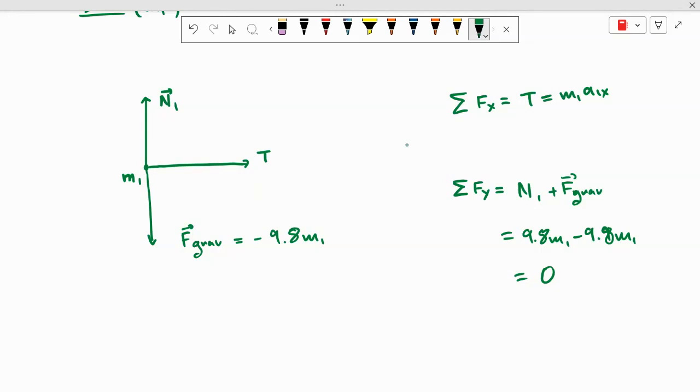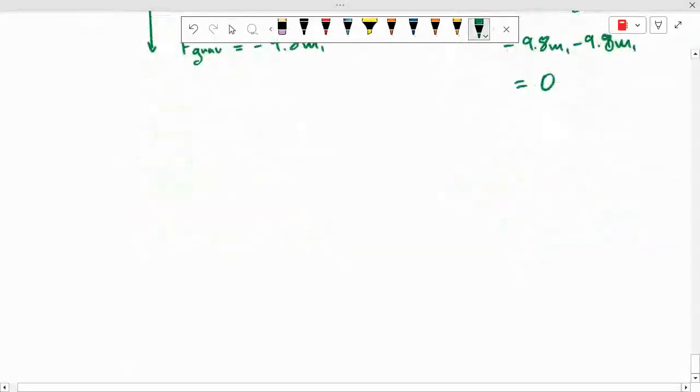So that's the free body diagram for the first person. Now here's the free body diagram for the second person.